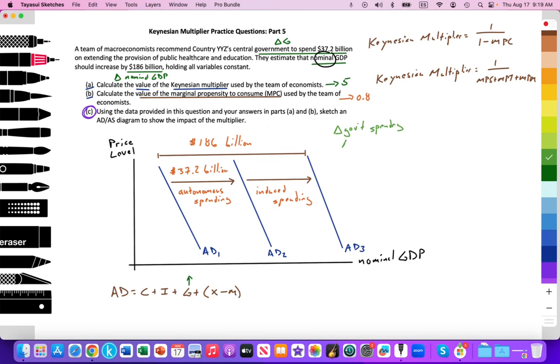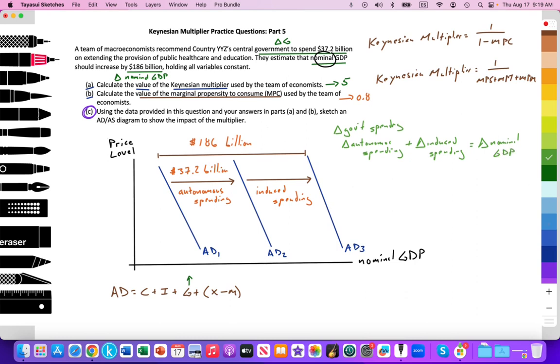So a change in autonomous spending, in this case through the government, plus the change in the induced spending, is going to be equal to the change in nominal GDP. So I need to solve for the induced spending.